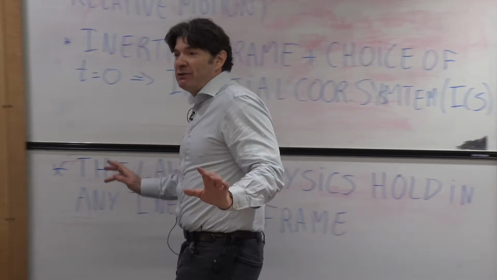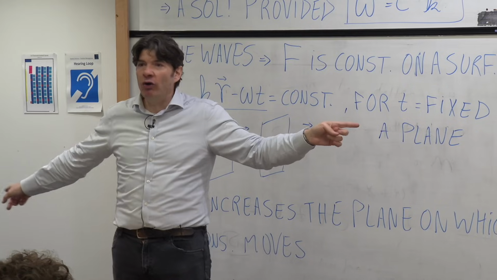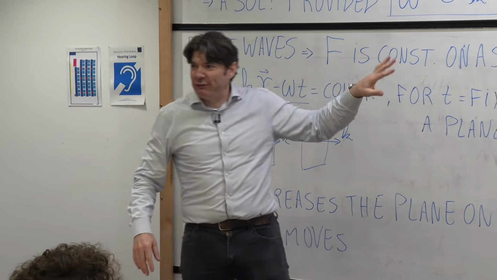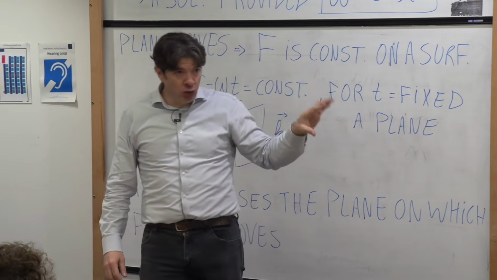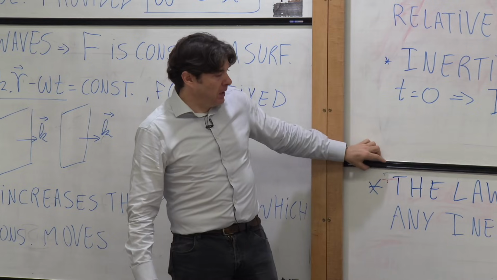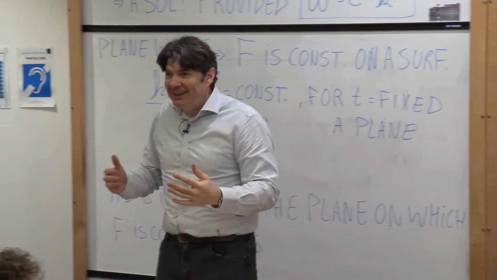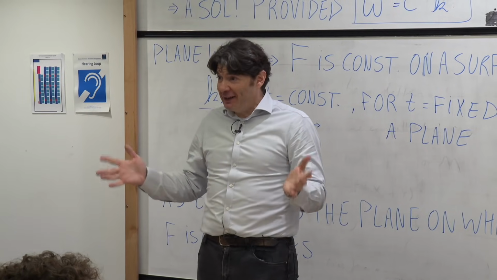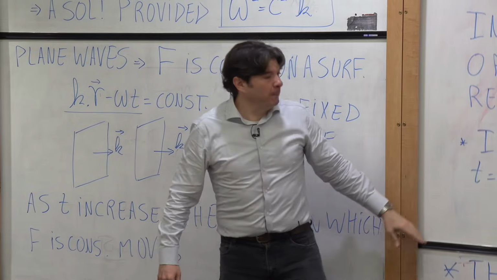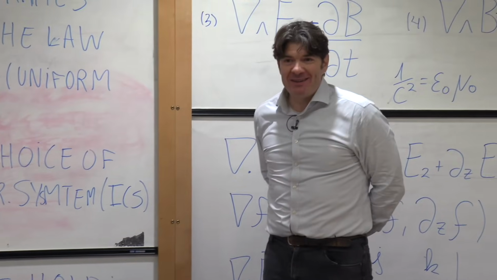But it turns out that you cannot have the cake and eat it, right? So it's these four, okay? And what he understood is that these four are the correct ones. So from tomorrow, we will start building the special theory of relativity based on these four postulates. Okay? Thank you very much, and see you tomorrow.